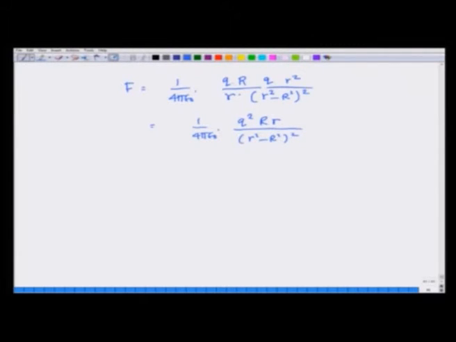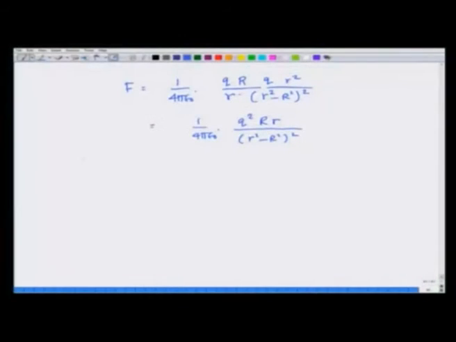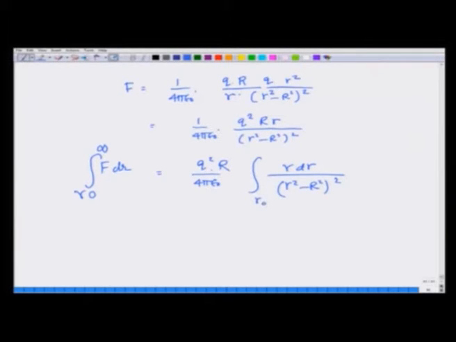So, this is an attractive force, so I will be applying a force in the opposite direction. The work done by me in moving this charge from r naught to infinity is going to be the integral from r 0 to infinity, which is equal to q square over 4 pi epsilon 0, R comes out, and I have r dr over (r square minus R square) square, from r 0 to infinity.